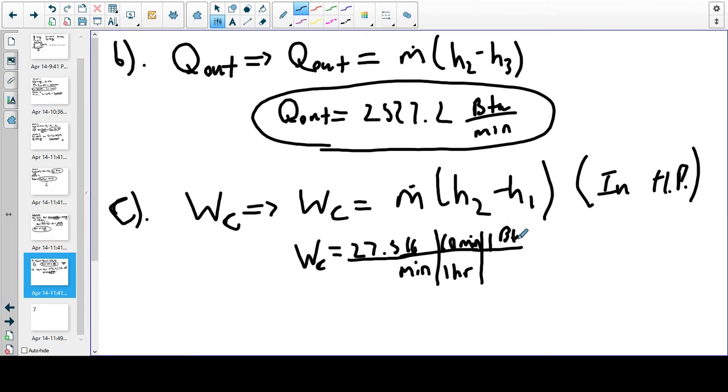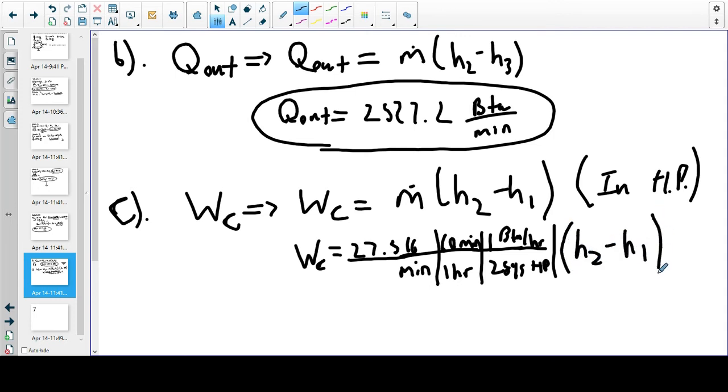And so we write this out. We have 27.56 pounds per minute times 60 minutes gets you to hours, and then 1 BTU per hour is 2545 horsepower, and that's the whole thing. If you really wanted to make this flow better, you would put the 2545 after the H2 minus H1, but I was a little worried I was going to run out of room.